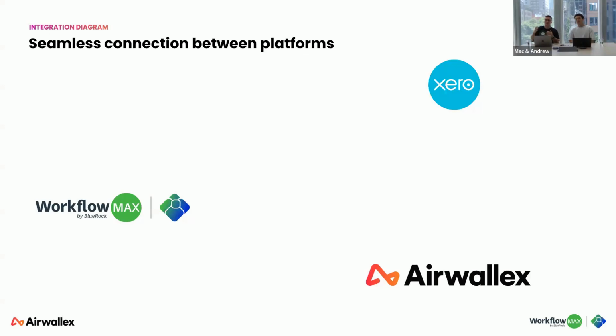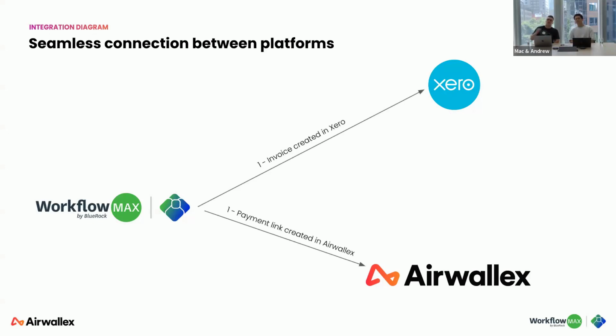So what that typically looks like and how you connect the three platforms up, because you can connect each of them to each other, and we want to make sure that that data flow is seamless, and it really is. So what happens initially is two things. When you approve that invoice in WorkflowMax, like we just saw, it's going to go and create that invoice in Xero, probably already used to that part of the puzzle, but then we'll also create that payment link in Airwallex.